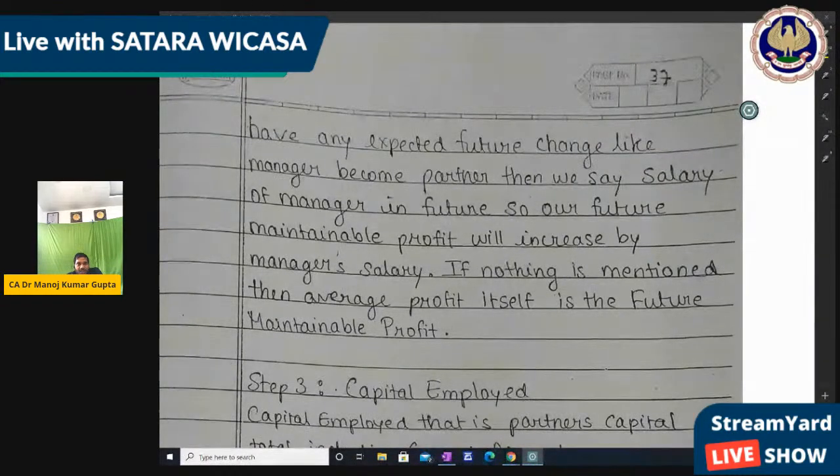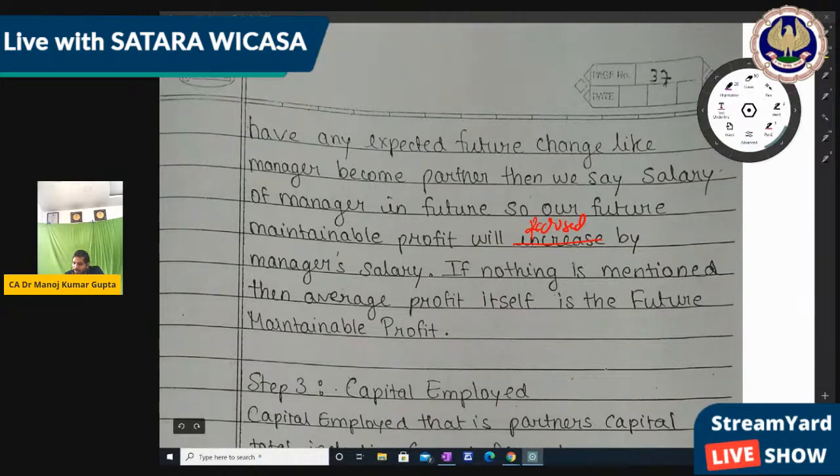So our future maintainable profit will be reduced by the manager's salary, right? Because in future we have to pay salary to the manager, right? Any expected future changes, like manager becomes partner.